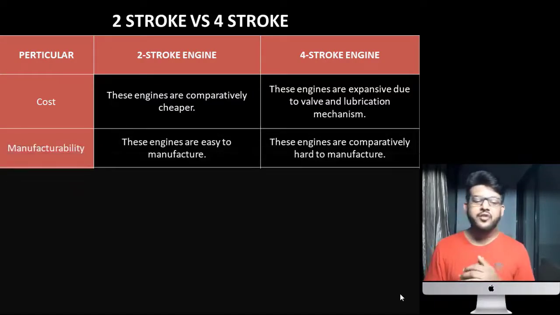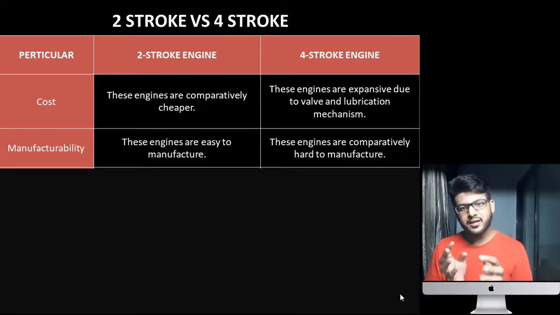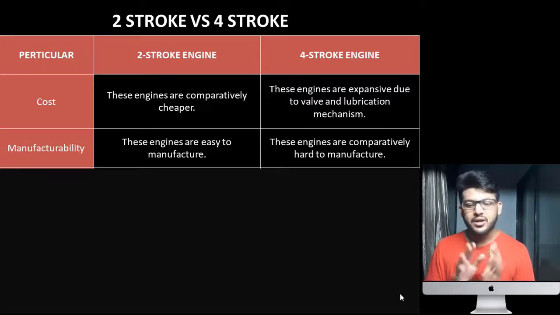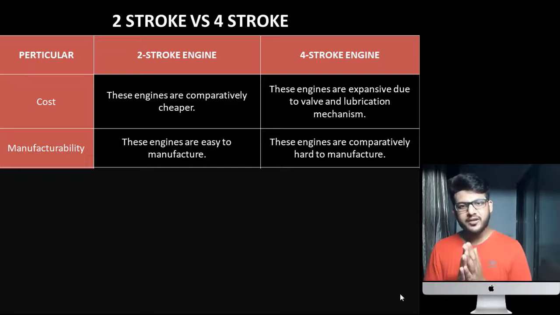Fine. Thereafter, what is the manufacturability? Two-strokes have fewer parts, so we can easily manufacture them. Four-strokes have more parts, so manufacturing will be complex. These are comparatively hard to manufacture with respect to two-strokes, right?